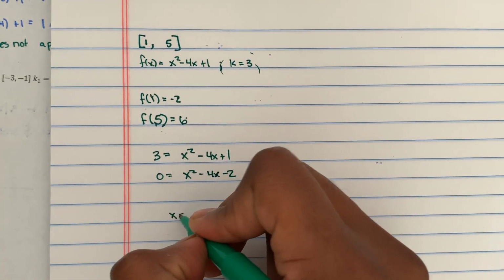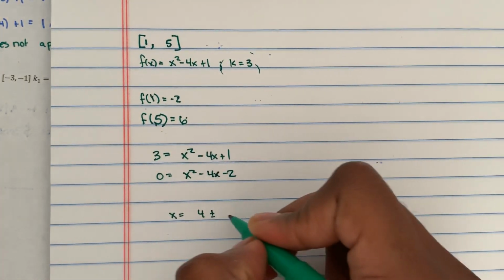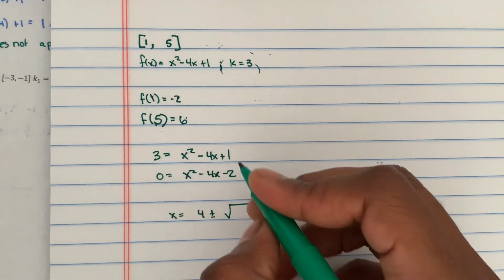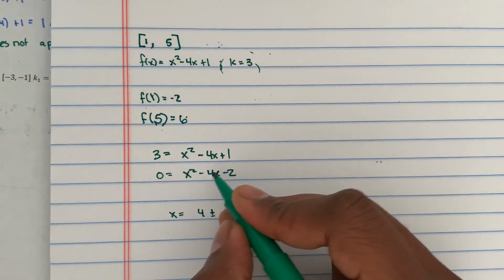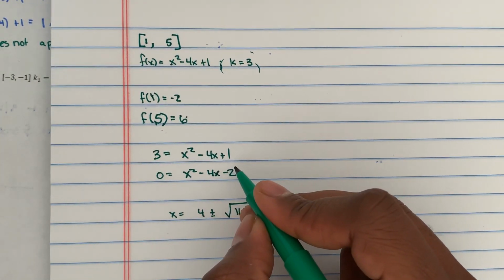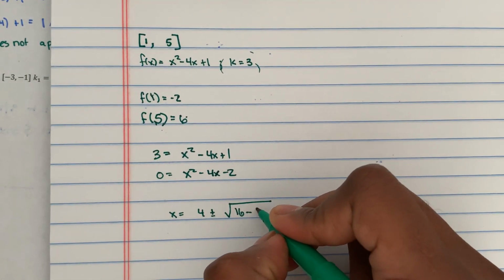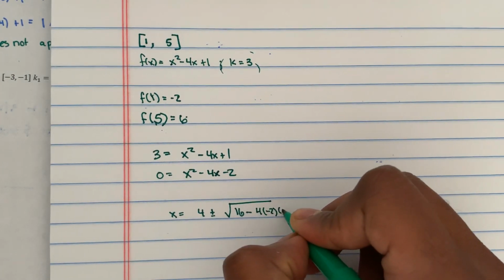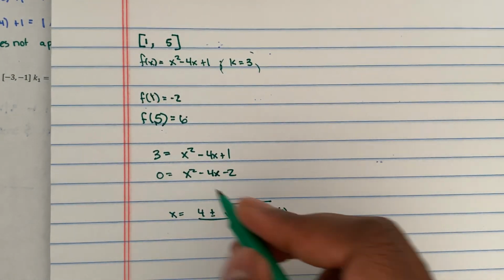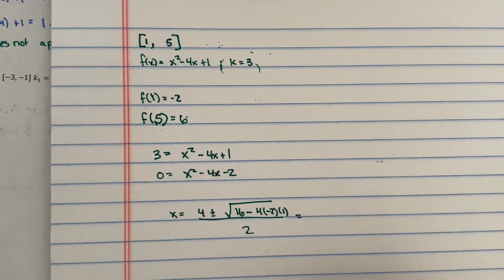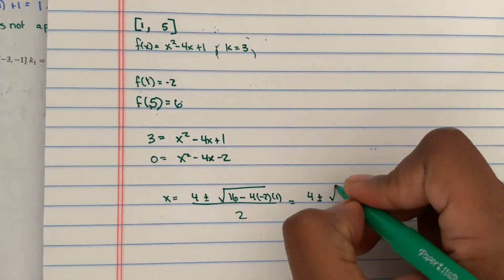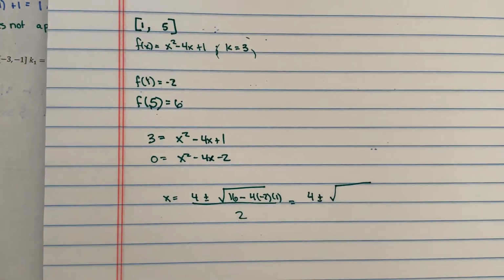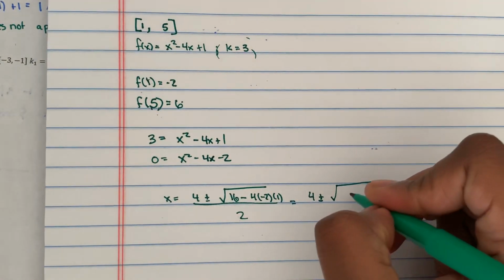We're going to have x equals 4 plus or minus the square root of 16 minus 4 times negative 2 times 1, over just 2. So we get 4 plus or minus the square root of 16 plus 8, which is 24.